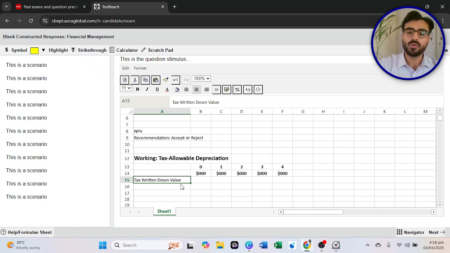The only difference is that in accounting you have net book value, in tax you have the tax written down value. The calculation is the same, the concept is the same, just the name is different. You can also read it as net book value, no problem, but you must write it as tax written down value. Then in the row below it, you will write tax allowable depreciation.